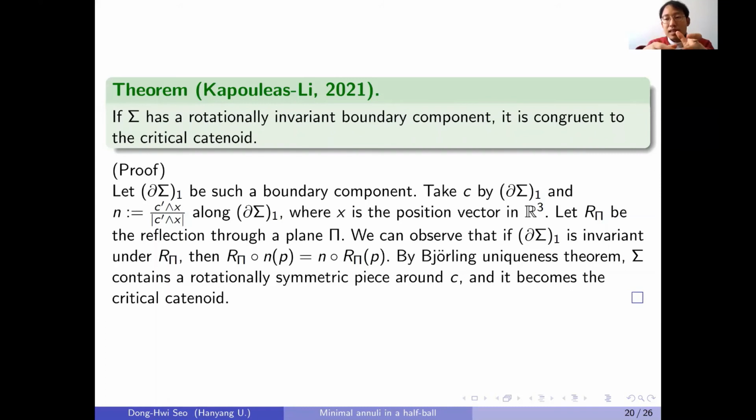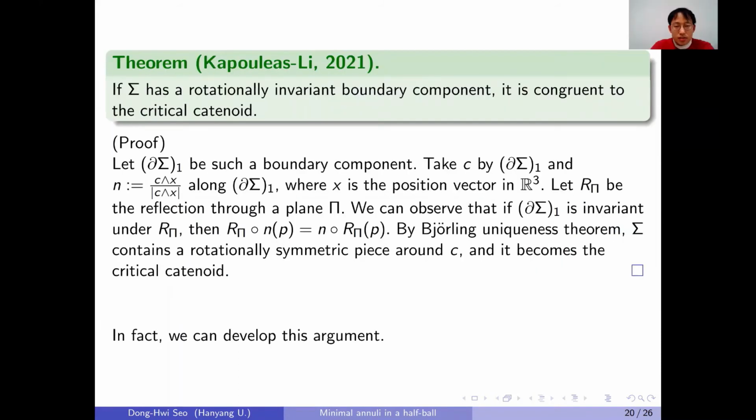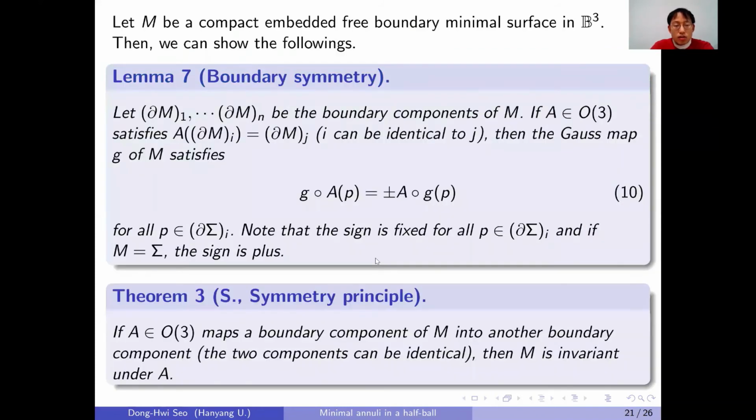And by applying the uniqueness theorem several times, we can show that the surface should be congruent to the critical catenoid. So we can develop this argument for compact embedded free boundary minimal surfaces in the three-dimensional ball.